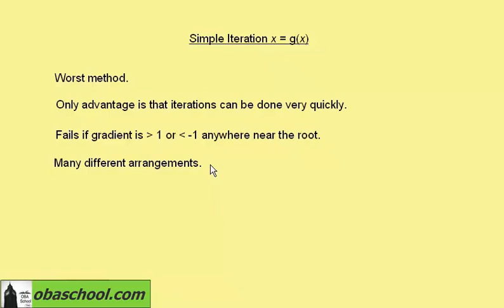So we can end up doing a lot of algebra and not really making much progress. It only really converges quickly if the modulus of the gradient is much less than 1 in the vicinity of the root. This means the gradient being close to 0 in the vicinity of the root.